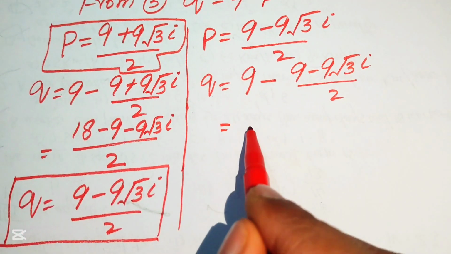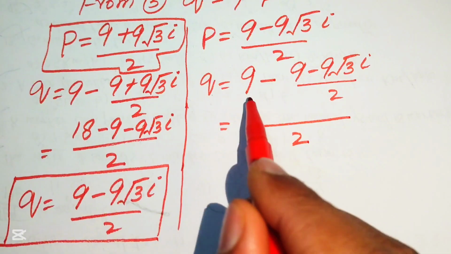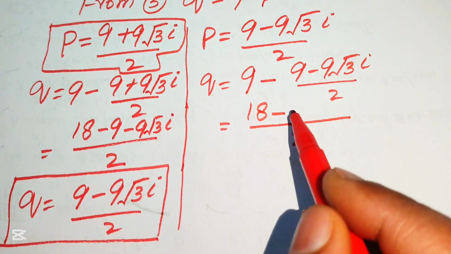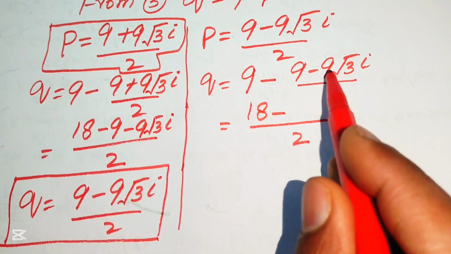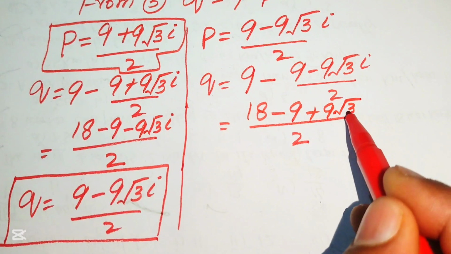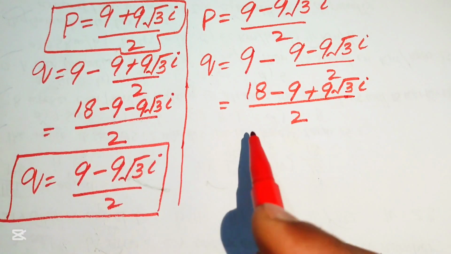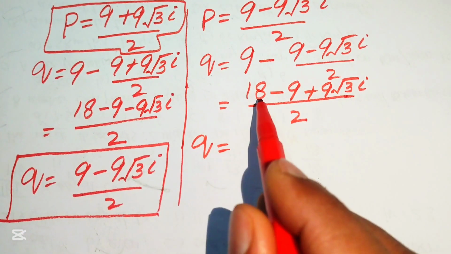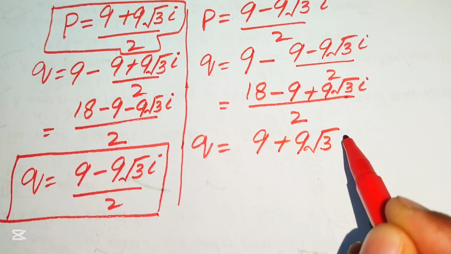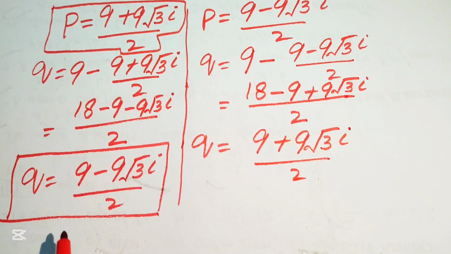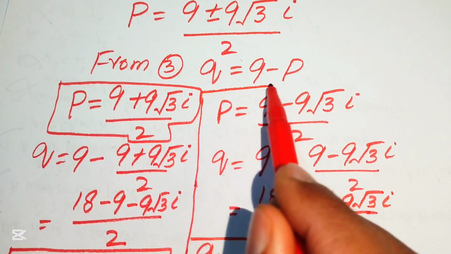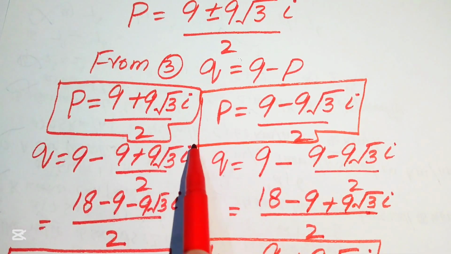Here we need to take the LCM again. Two 9s are 18, minus 9, and we multiply the minus sign on both of these terms, which becomes −9 + 9√3 i. So q = (18 − 9 + 9√3 i)/2, which is (9 + 9√3 i)/2. This is the value of q corresponding to this value of p.